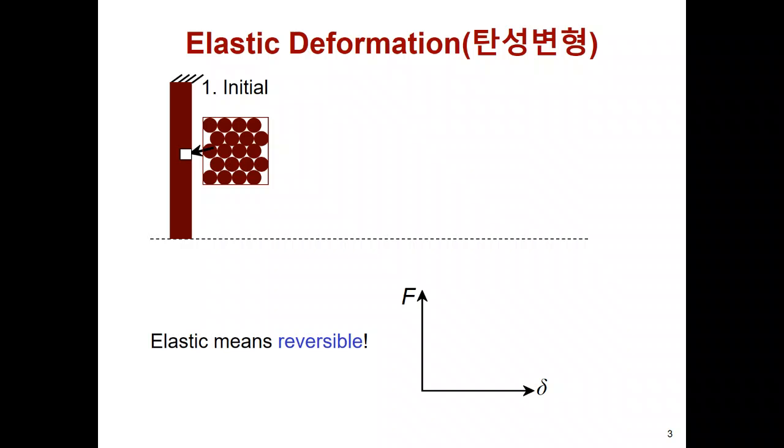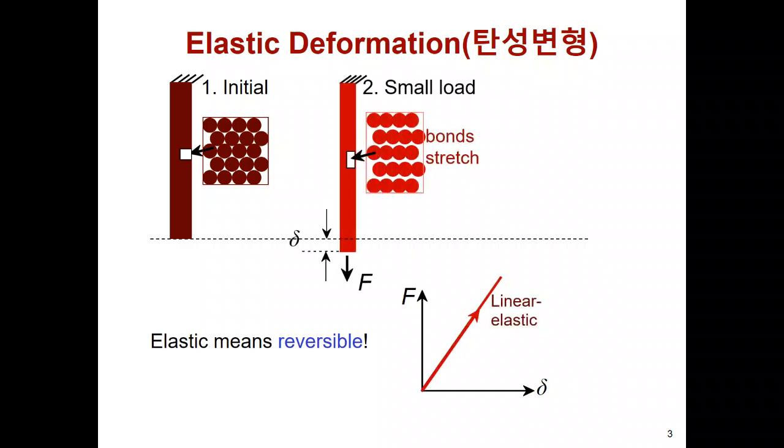Okay, let's discuss elastic deformation first. I told you that elastic deformation is when we apply loading, and all solid structures can show some elastic deformation. First, when we apply a small load, the solid material is stretched.